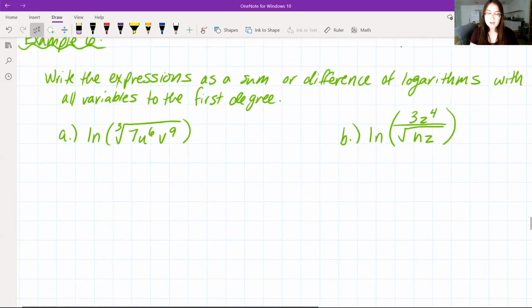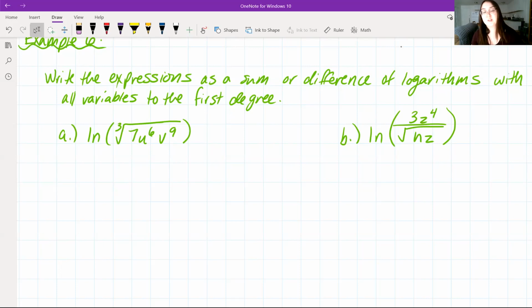So for part A here, it's best to work out the natural log. In this case, we have the natural log of the third root, which is essentially an exponent of 1/3, of 7 times u to the 6th power times v to the 9th power.